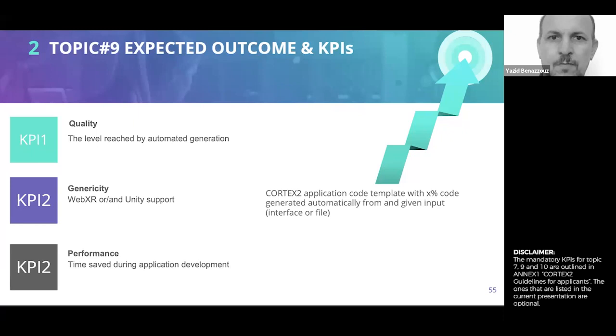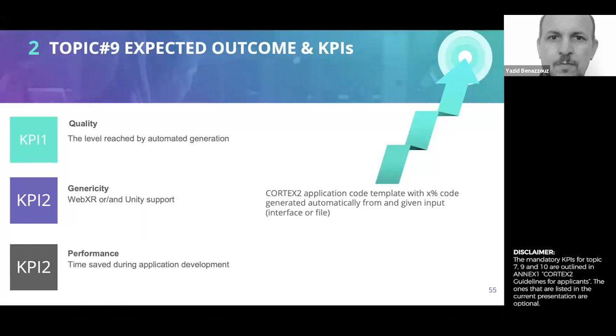For the performance, we will measure the time saved during the application development, because if we use your solution as an auto-generation tool to build a Cortex application, we can save time, and this measure can be a KPI for us to evaluate your solution.